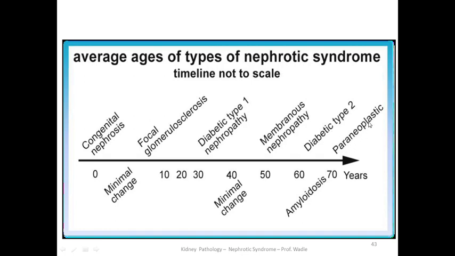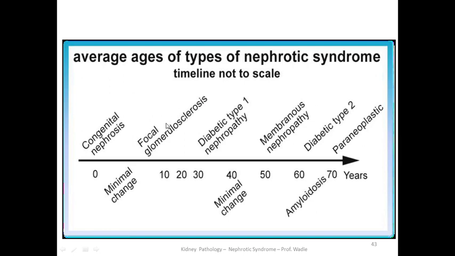This is also associated with malignancies, or malignant nephropathies as a result of paraneoplastic syndrome, and amyloidosis in the elderly. So you can anticipate the causes of the nephrotic syndrome based on the age. The most common cause in children is the minimal change disease, followed by the focal segmental glomerulosclerosis.